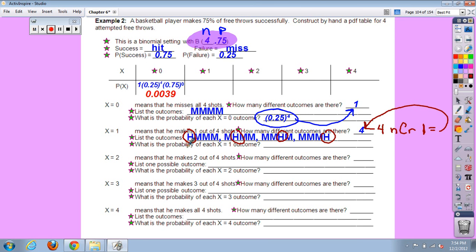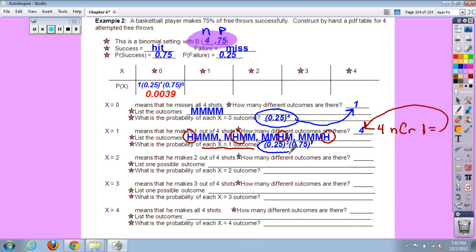So the probability of each of these 4 outcomes: we made 1, but we missed 3. So each one of those 4 probabilities has a 0.25 to the 3rd, he missed 3, times 0.75, and if you want to, you can put a little 1 exponent here, so that you can see he missed 3, he made 1.